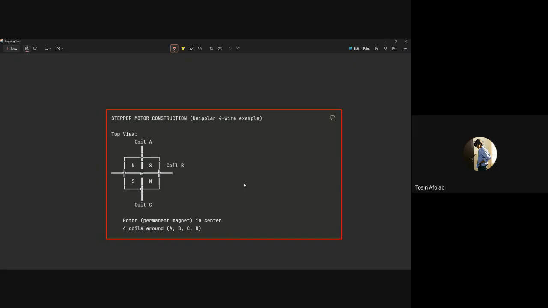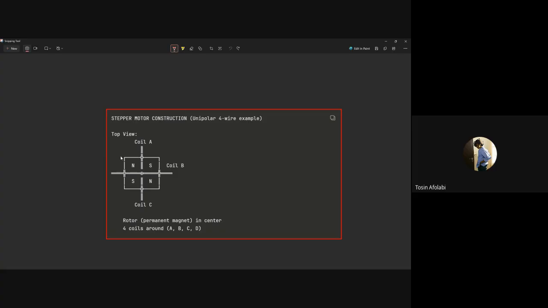The rotor is in the center, and the magnet positions are permanent. There are four coils, coil A, coil B, coil C, coil D, and the magnets are stationary, they don't move. To make the motor turn, we energize the coils in sequence.